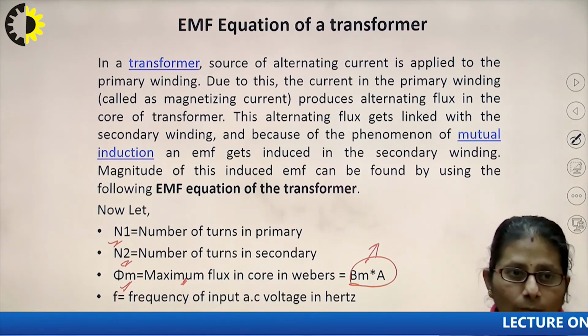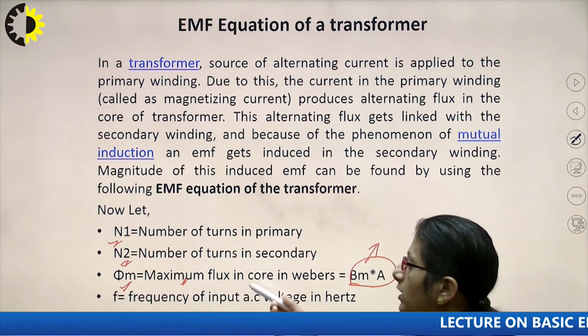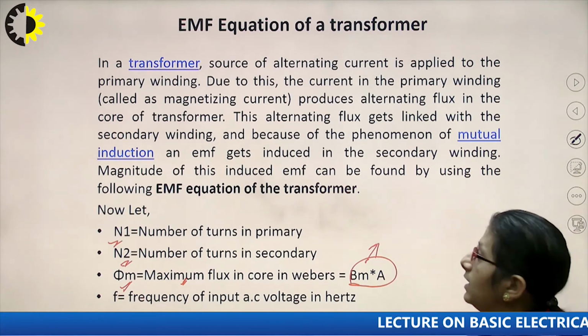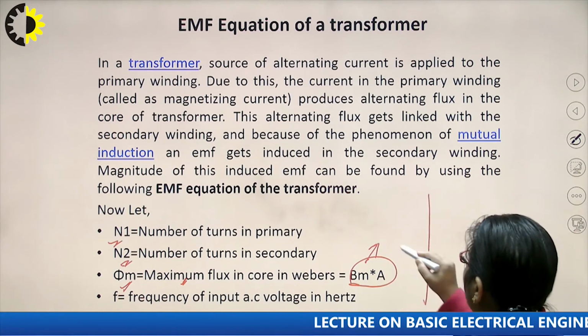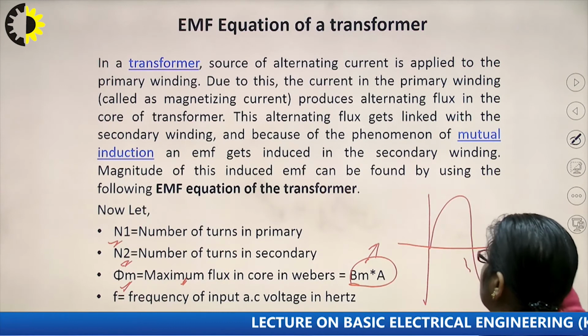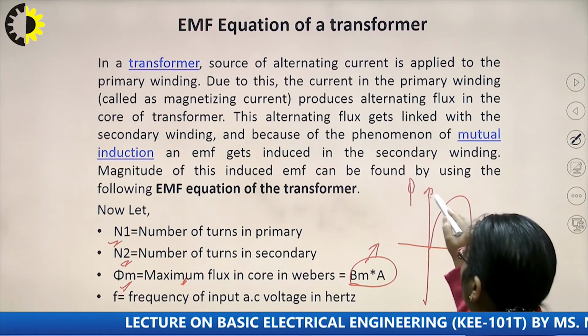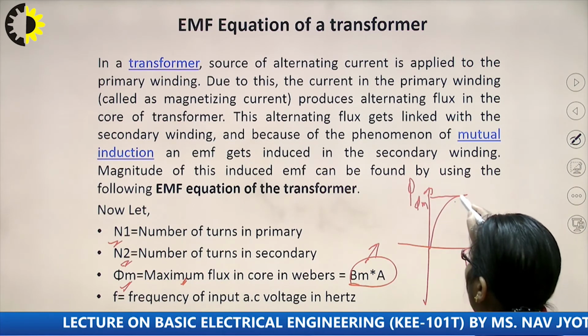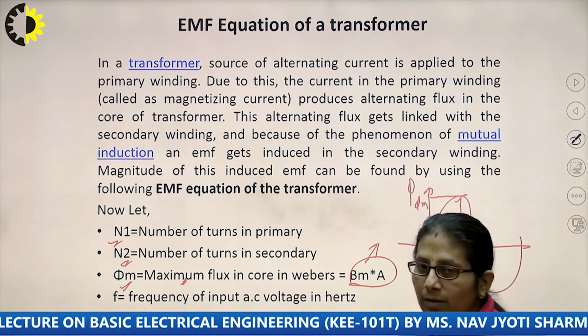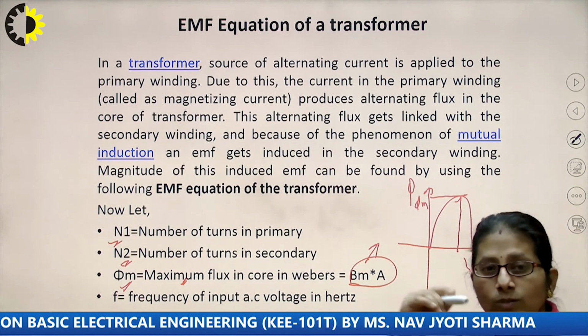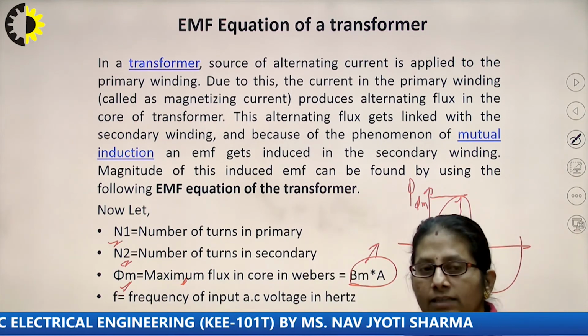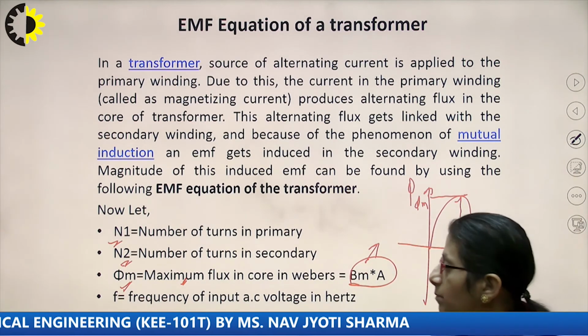Why do I call it a maximum flux? Because the flux produced in the transformer has an alternating nature, as the supply is also alternating. So I will have a maximum value produced at pi by 2, and the maximum value the flux attains is given as phi m.